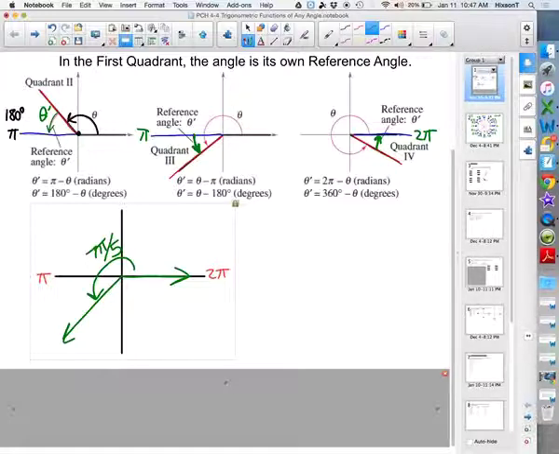Think about this one for a sec. 2 pi. Let everyone else think about it for a sec. That's 7 pi over 5. 2 pi over 5.